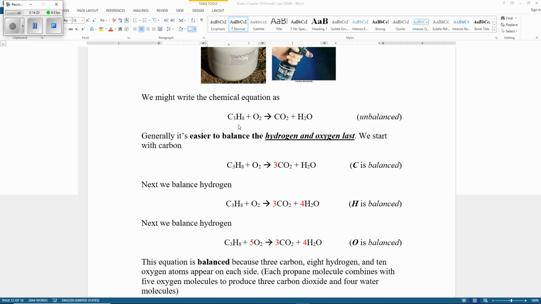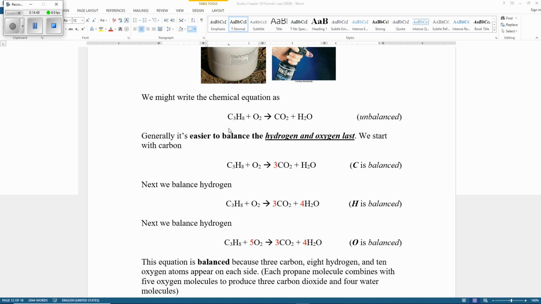So now we have carbon, we have hydrogen, oxygen. Which one should we balance first? Generally, it's easier to balance hydrogen and oxygen last, because they appear in different places, so it's easier to balance the others first.